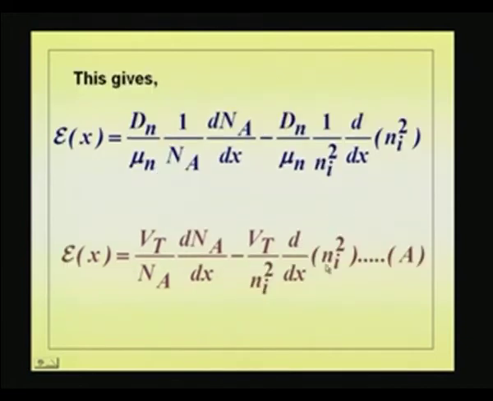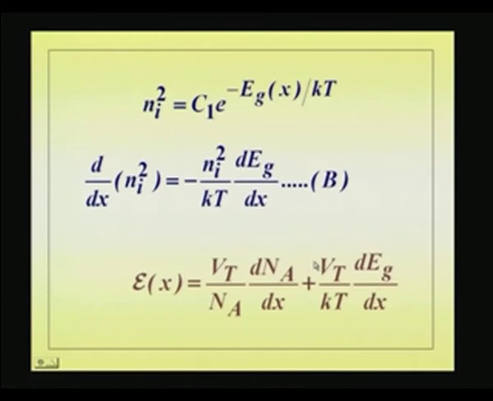Now, this Ni squared is actually proportional to e to the power minus Eg by kT. So, I differentiate this and divide by Ni squared. So, d by dx of Ni squared, when I differentiate that, you get minus 1 by kT times Ni squared, because of the exponential term. When you differentiate this with respect to x, you get Ni squared itself, because it is exponential, e to the power minus Eg by kT.